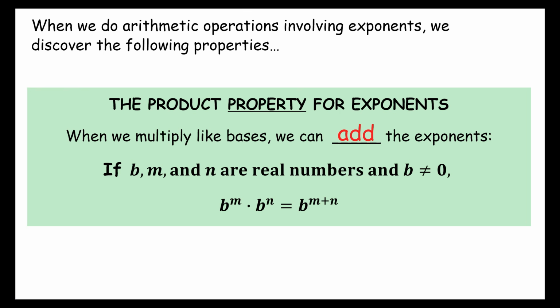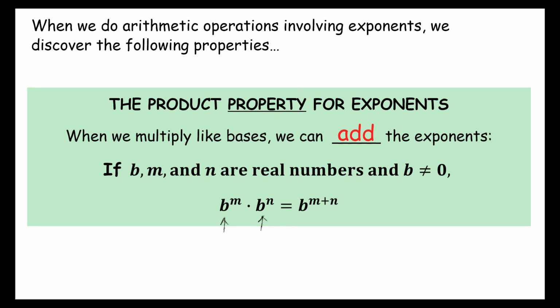Number 1, we find out the product property, and this is sometimes called the product rule for exponents, but it's not really a rule. It's just something that this is how exponents act. What you find out is that if you multiply like bases, so if you multiply 2 powers, if you multiply b to the m times b to the n, you can just add the exponents.